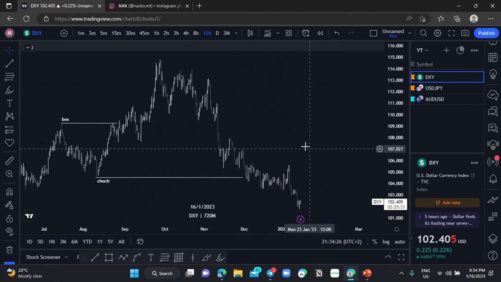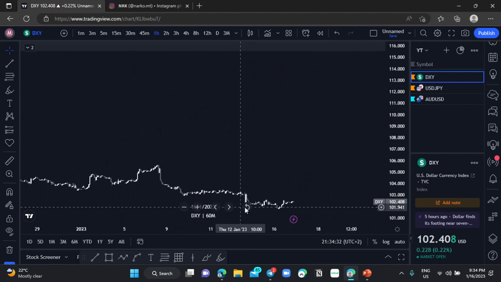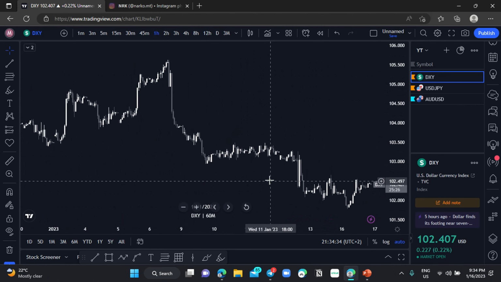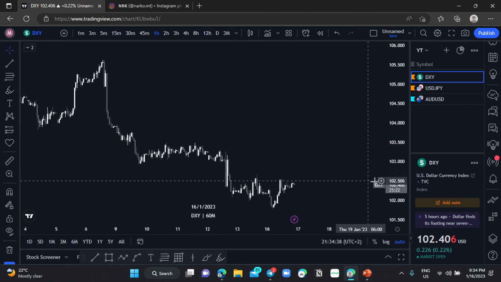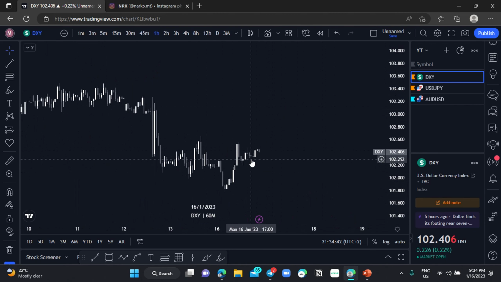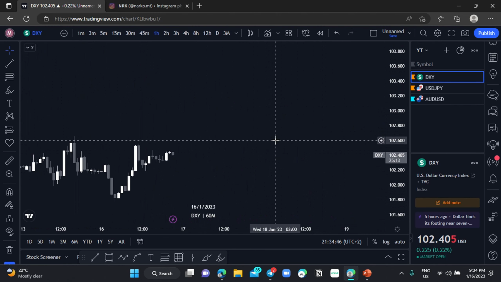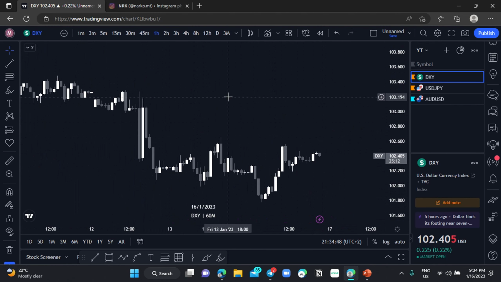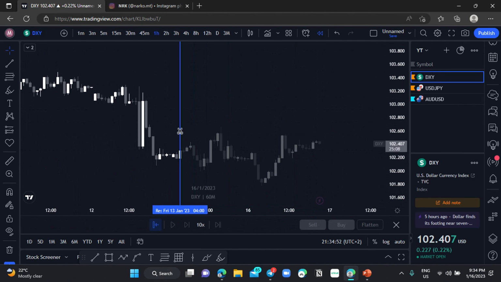Now if we move on to the 1 hour chart, let's see what we have there. Another confluence of this is, let me just cut our charts here.